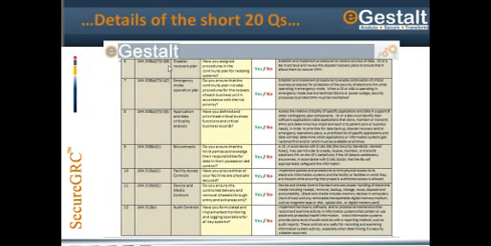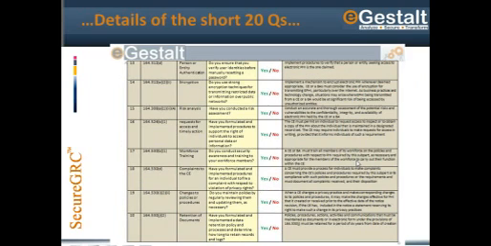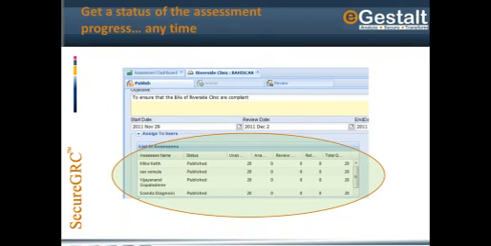So they get to answer these 20 questions, and they have adequate help, as I said, in the tool to be able to answer yes or no for these questions. At any point in time, the covered entity or the channel partner, depending on who's managing the process, has a complete view of the business associates and the vendors. How many questions have been answered, how many of them have been returned with complete answers, etc.